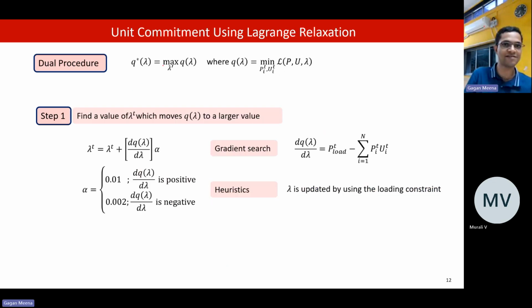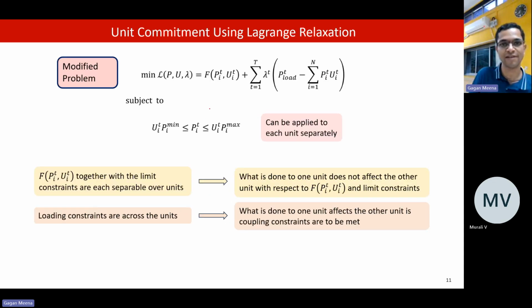And for this, we use this dual optimization procedure. In this dual procedure, we maximize this Q, this Lagrange function, with respect to the Lagrange multiplier and minimize it with respect to these variables. Here you can see this is the same Lagrange function which we have written here.